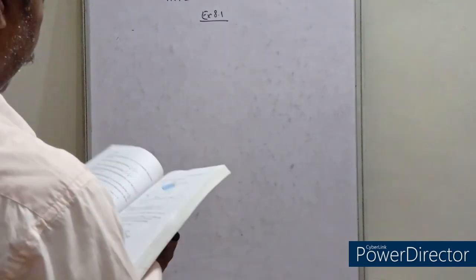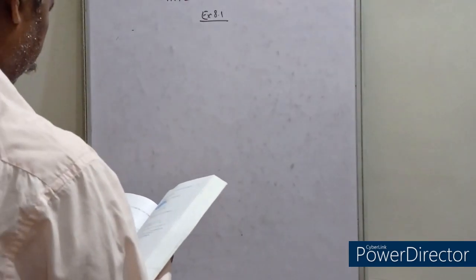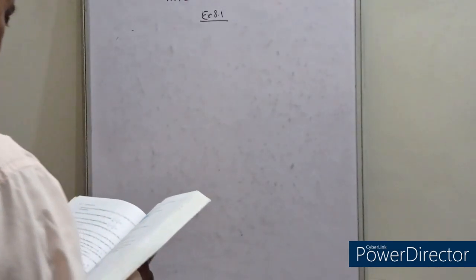Find the area of the region bounded by the curve x square is equal to 4y, y is equal to 2 and y is equal to 4, and the y axis in the first quadrant.